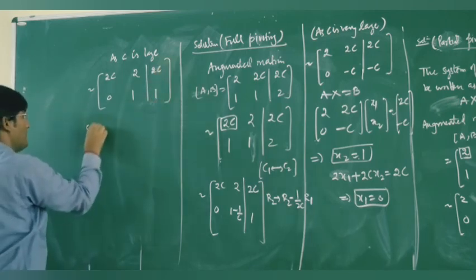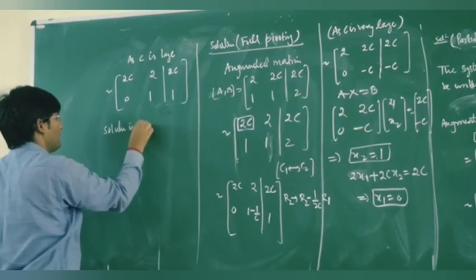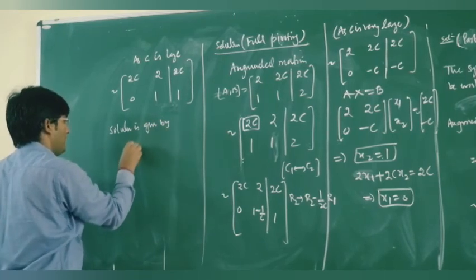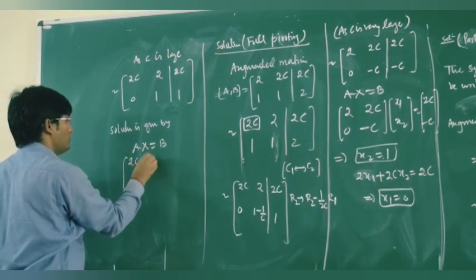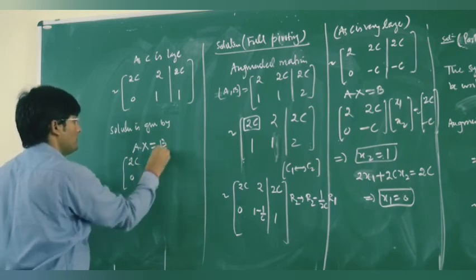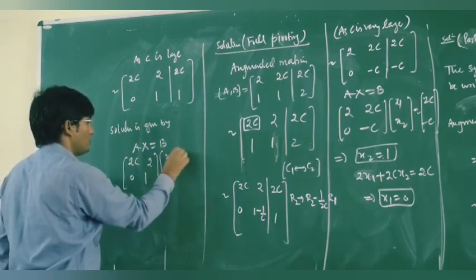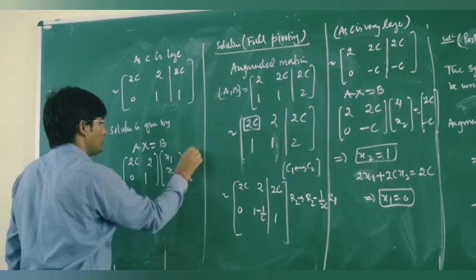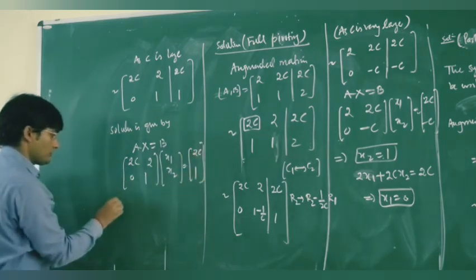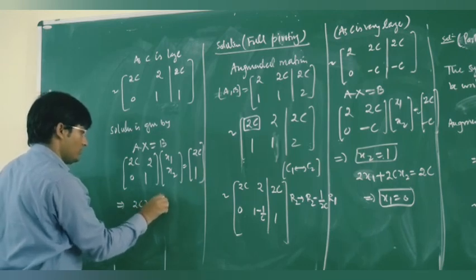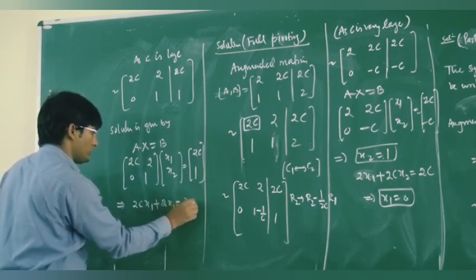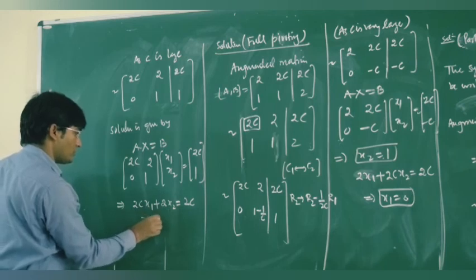So solution is given by Ax equal to B. So we have 2C, 2, 0, 1, x1, x2 equal to 2C, then we have 1. So this can be written as 2C x1 plus 2x2 equal to 2C, then we have x2 equal to 1.